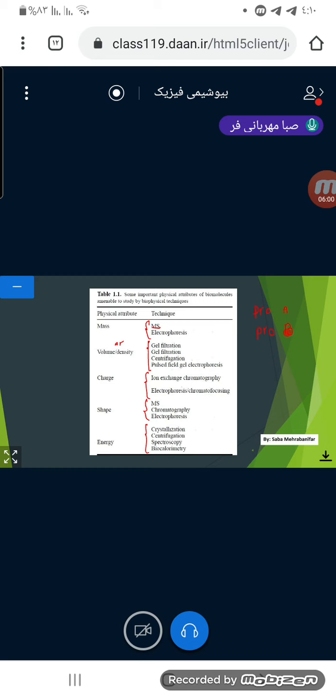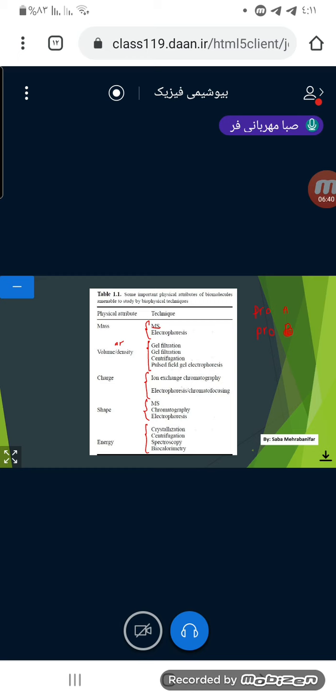Imagine this is the question of your exam. Please tell me what technique I can use to know about the mass of these two proteins. You should tell me the suitable technique. Mass spectroscopy and electrophoresis. This can be a question in your exam.